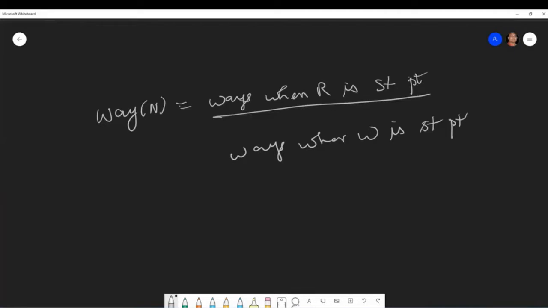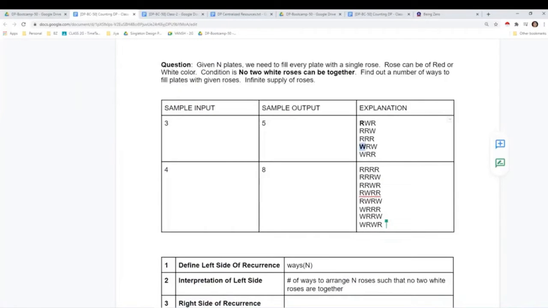If you get this count, what will be the final answer? How do we link them? Let's say somehow you got how many of those patterns start with W. Sharik says sum of 2. I think that would be simple addition. Okay, two people are saying it will be addition. Basically, count how many patterns start with R, how many patterns start with W, and just add them. That is your final answer.